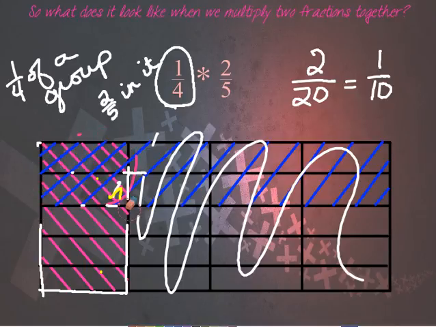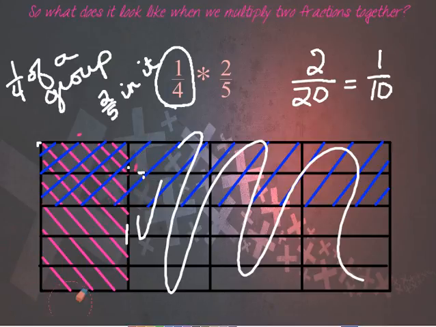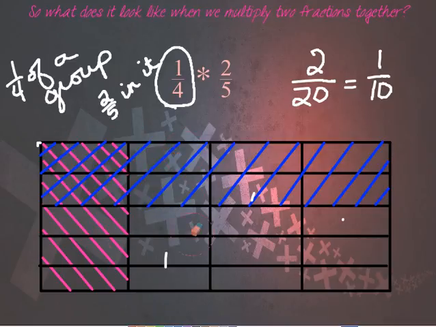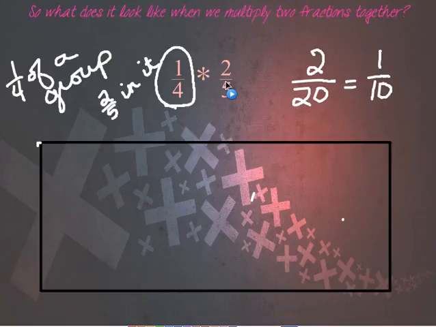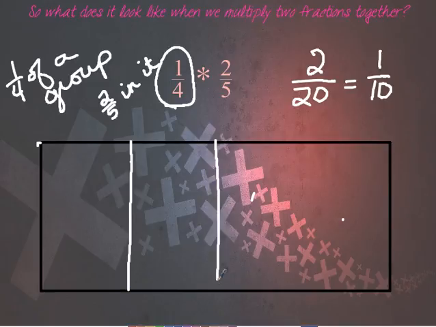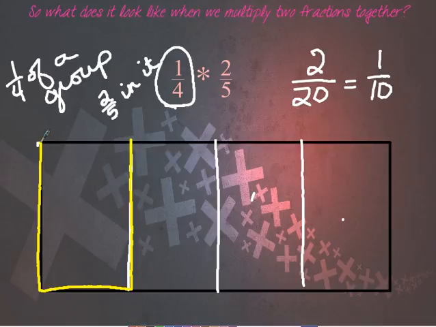So another way to look at that, and let me make this way bigger here, without it being so confusing, because there was a lot of lines going on there. So you have 4 groups, 1, 2, 3, 4, and I'm only working with this group here, because that's 1/4.